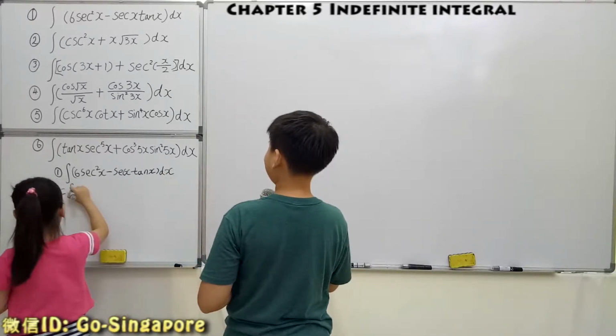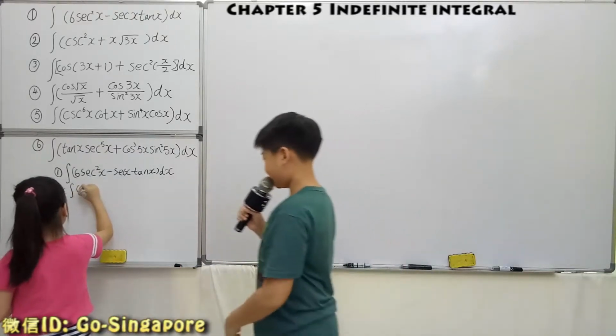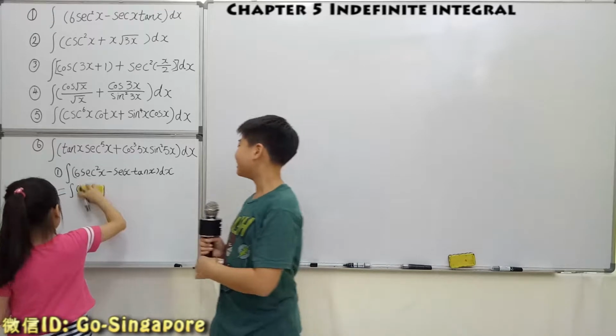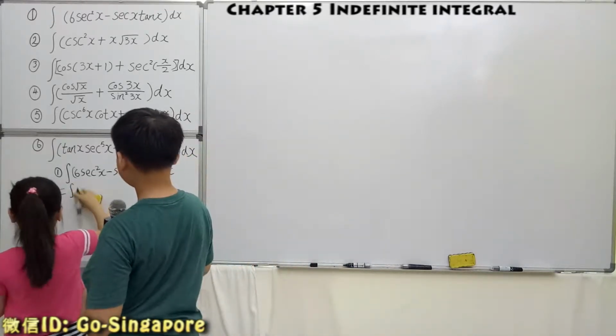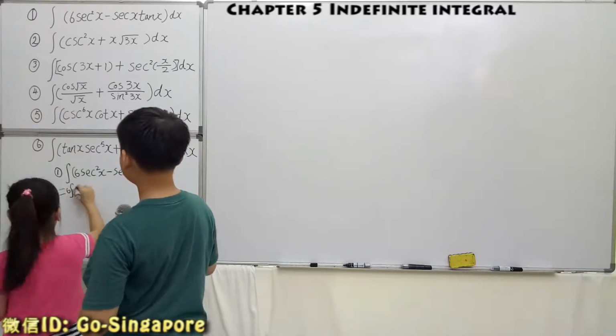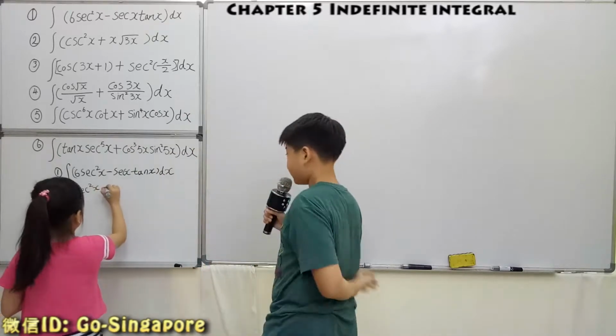So first, we will need to separate. So we can put the 6 in front. For the first one, right? Yes.